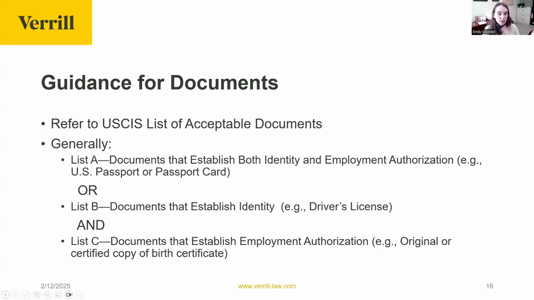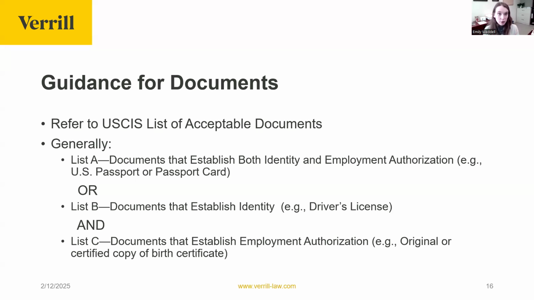I think we're going to talk about best practices at the end, but you should have this with you while you do it, just to make sure that the documents presented to you are effective and efficient under the rules and will validate the work authorization and identity fully.